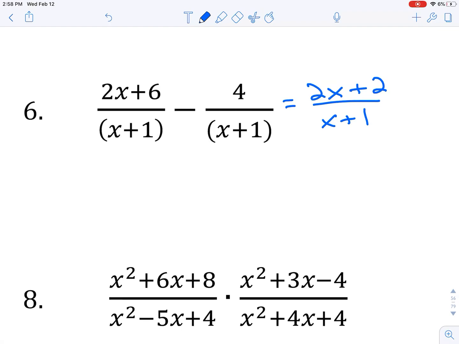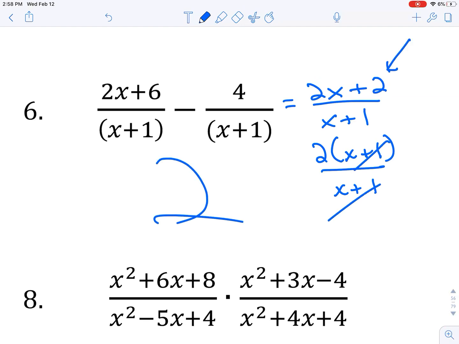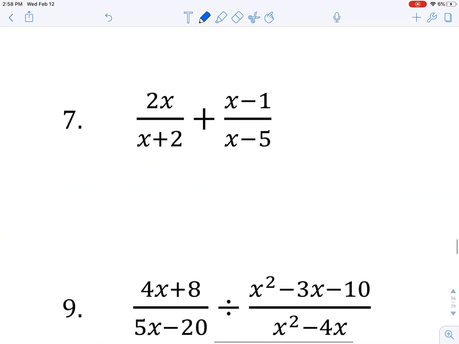Before any problem finishes, or starts, you could do it at the beginning too, I want to make sure that things are factored, because when I factor the top, you'll see this turns into that. Because these two, I can see, are divisible by 2. And now I can see that these go away, and the answer is 2.